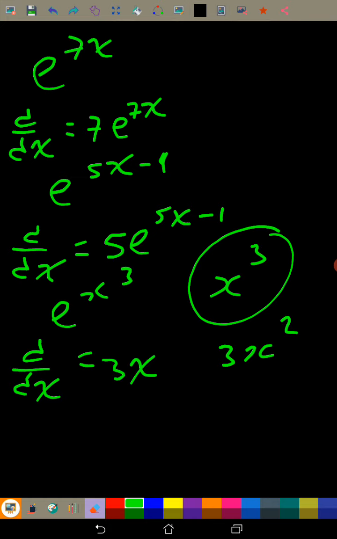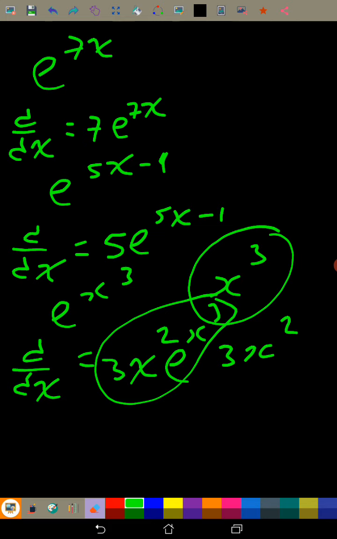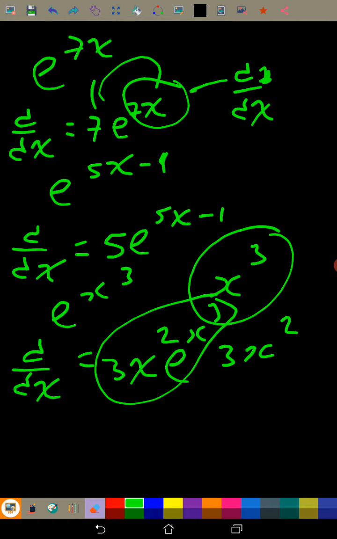So we put this in the front times e to the power of x^3. So this is what we should have as an answer. So now you see that we always differentiate this, we have the d by dx of this, and then we put it at the front.